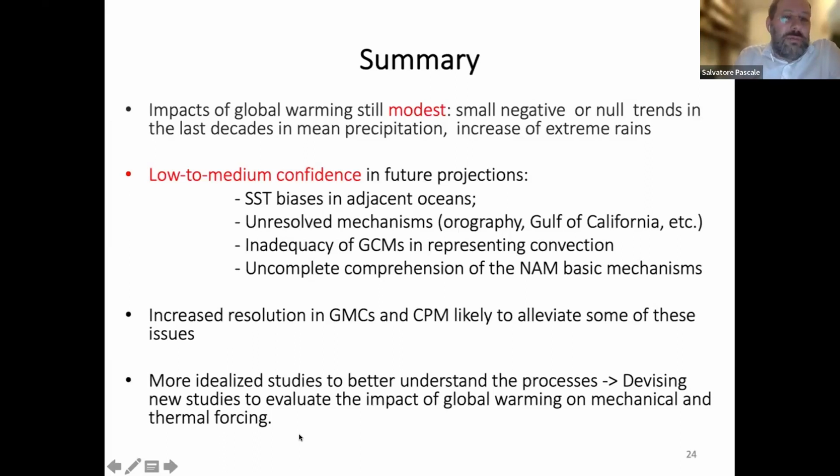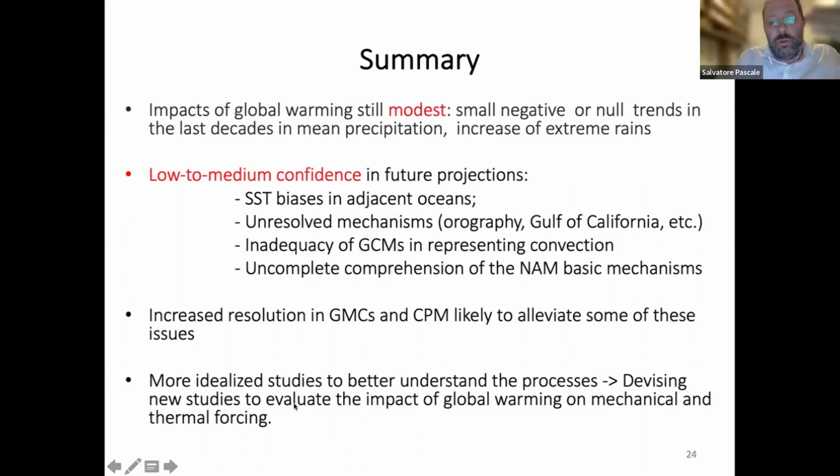So in terms of projections, they are of low to medium confidence, which is not what stakeholders and users would like to hear. I showed that the origins of these problems are in a number of issues, not one issue, but a number of different issues of different natures, which combine together.